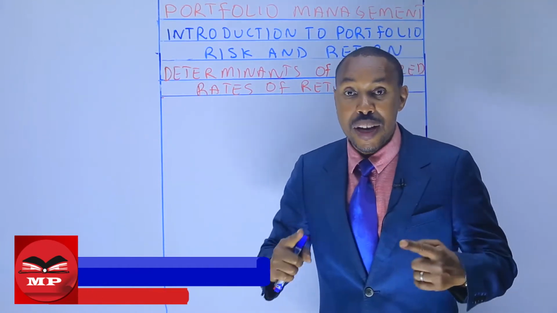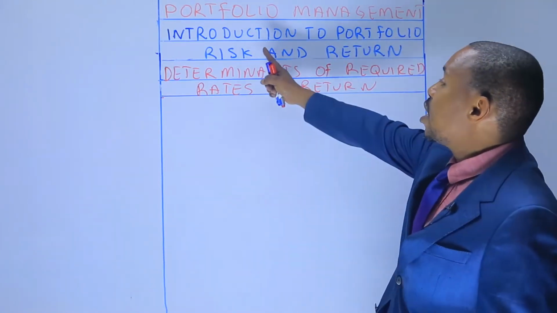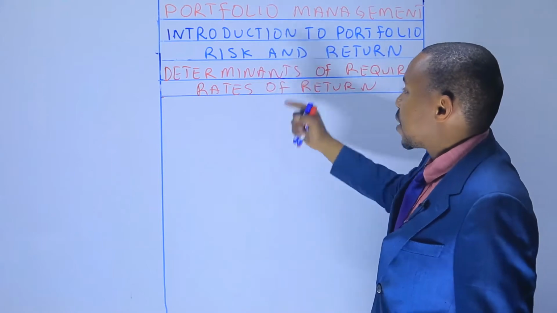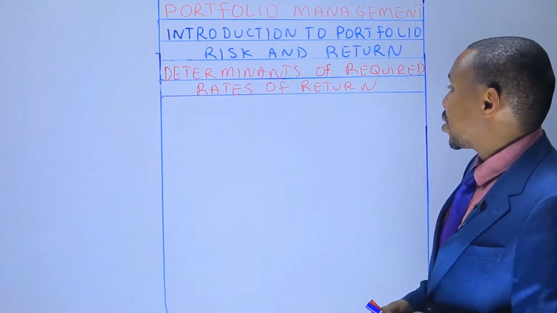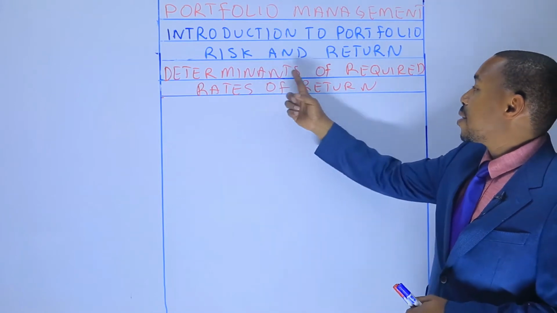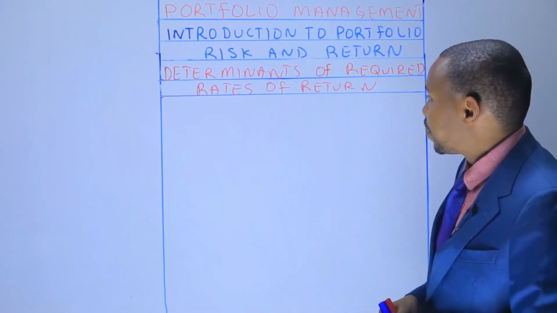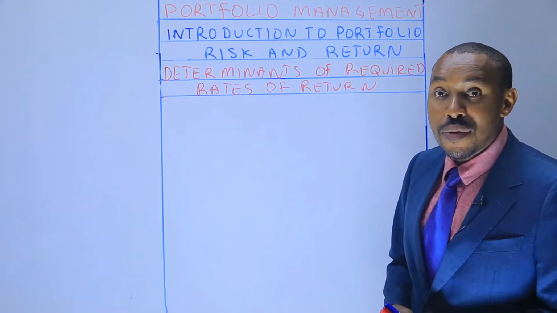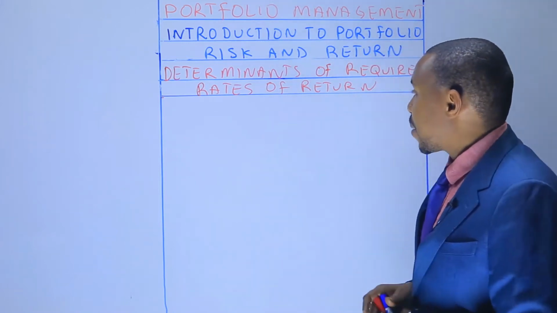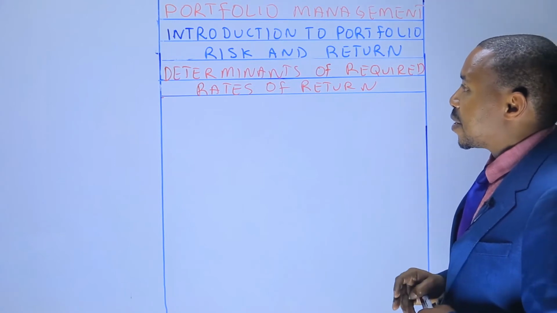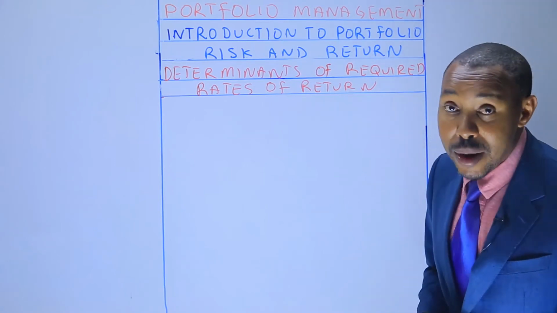The focus of today's class is on introduction to portfolio risk and return. So what we're going to do, we're going to narrow down that discussion to assess the determinants of required rates of return. Now the determinants of required rates of return can be broken down into three. The first determinant of rate of return is the time value of money.